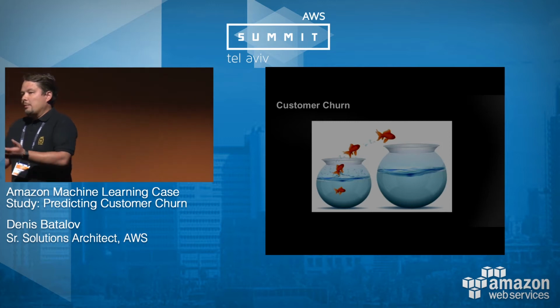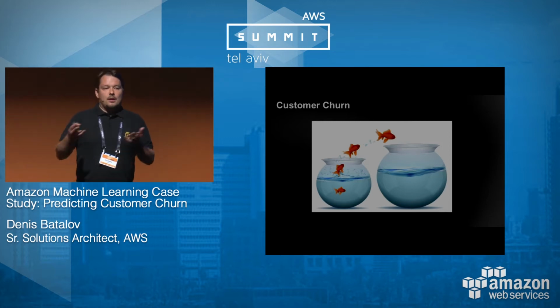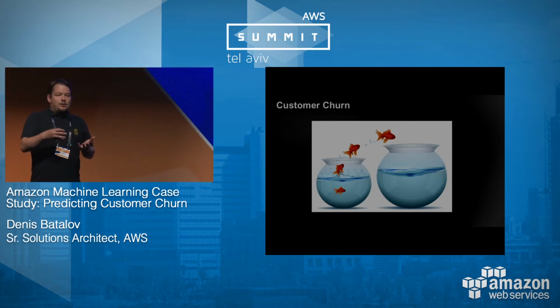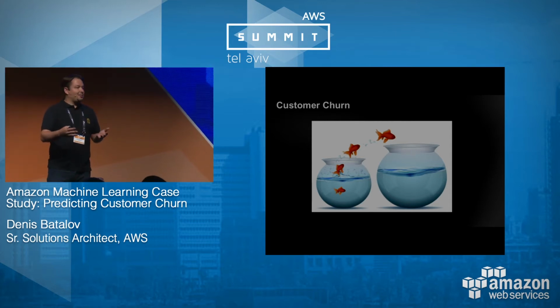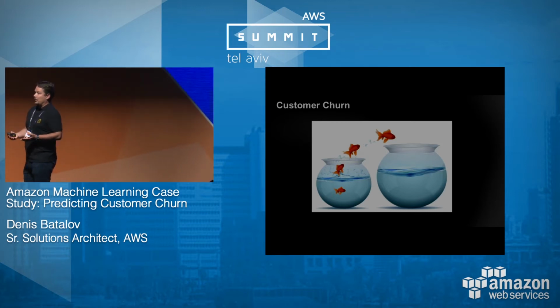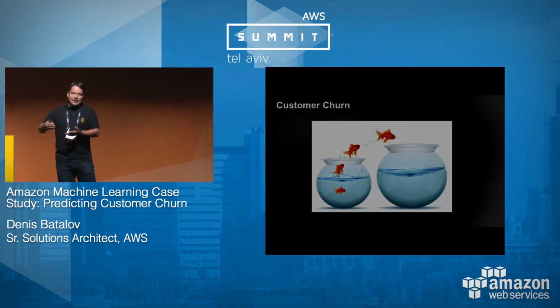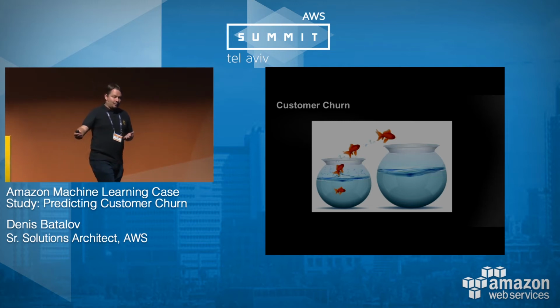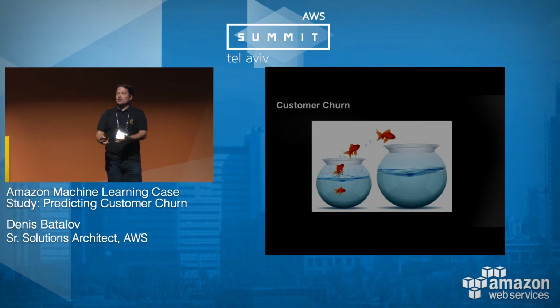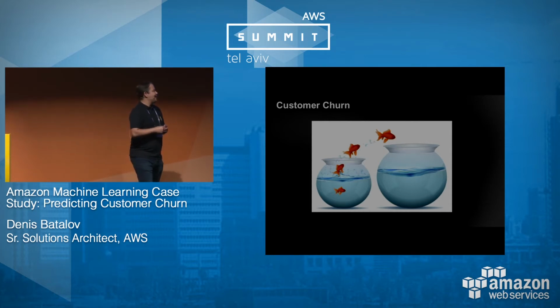They may be leaving for your competitor, they may be just abandoning the service, and being able to know ahead of time that this customer is a likely candidate to leave is very valuable because you may not have to reacquire this customer or acquire a different customer if you could retain them with some sort of loyalty inducement offerings, right?